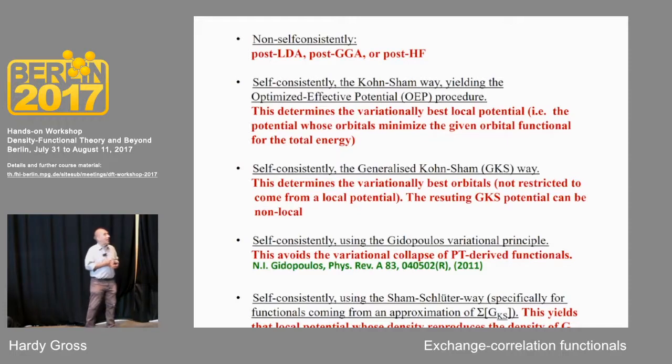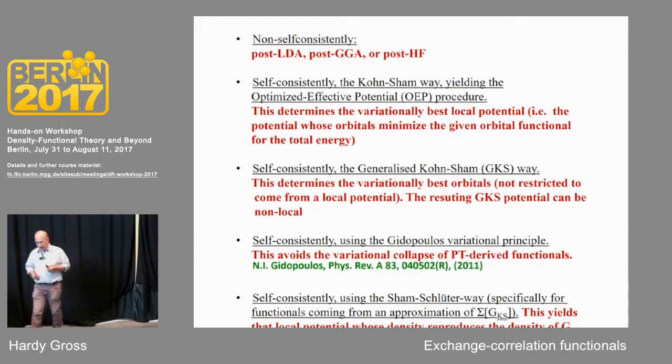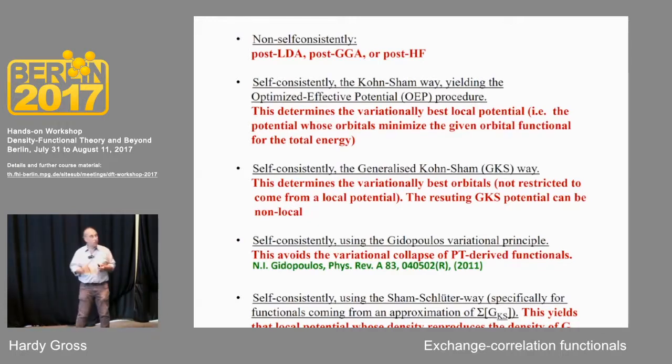Okay, and then there's yet another way, specifically for functionals that come from an approximation of the self-energy. And this is not to minimize an energy, but rather to find that local potential whose density reproduces the density that comes from the Green's function.